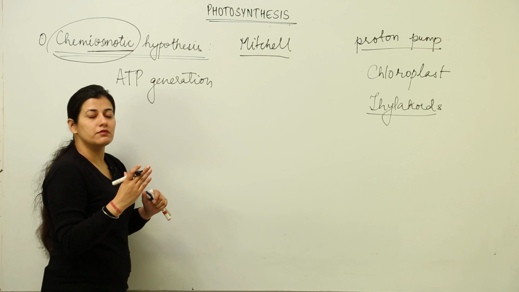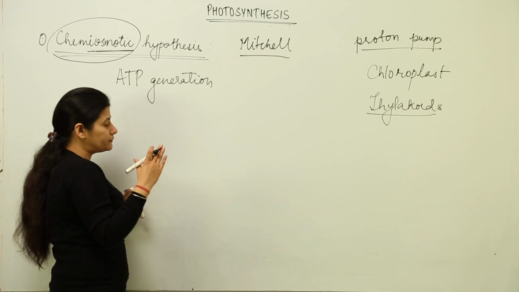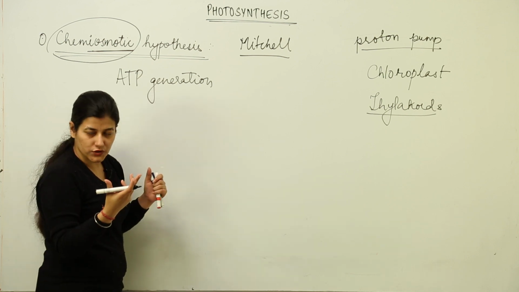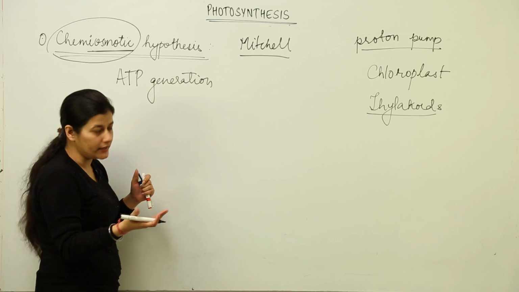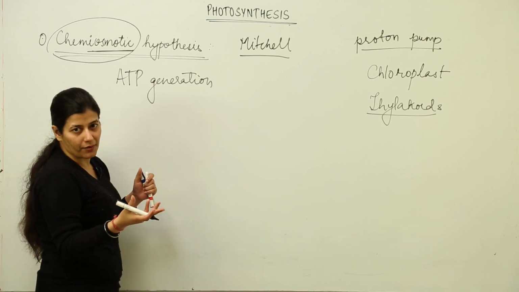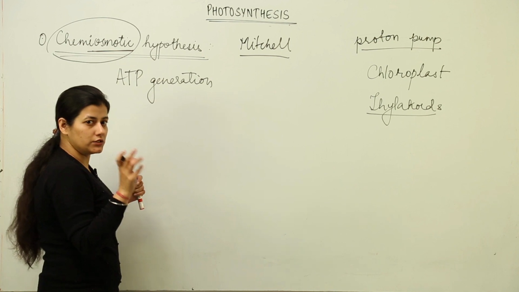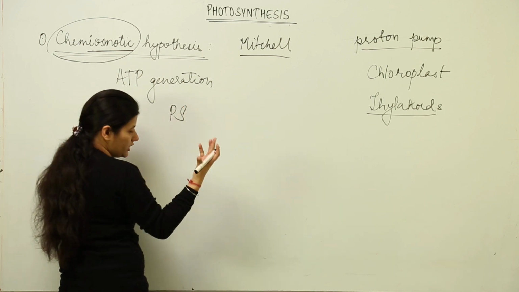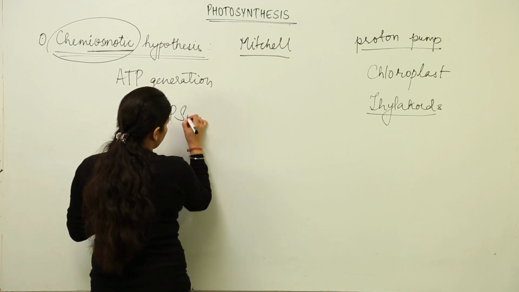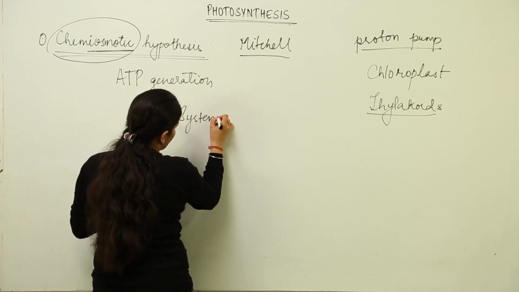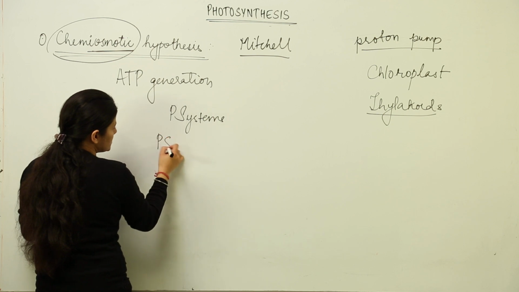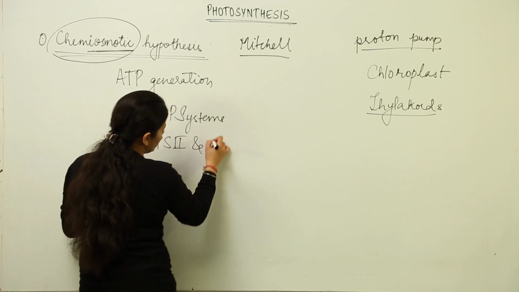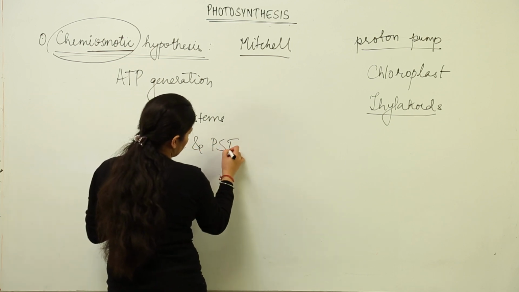Now because the ATP was generated in the cyclic photophosphorylation and the non-cyclic one, so that was photochemical phase. So certainly the two things that we have to study, and by any means we cannot skip them, is photosystems that we had talked about. So the PS2 and PS1 would also be there in the scene.